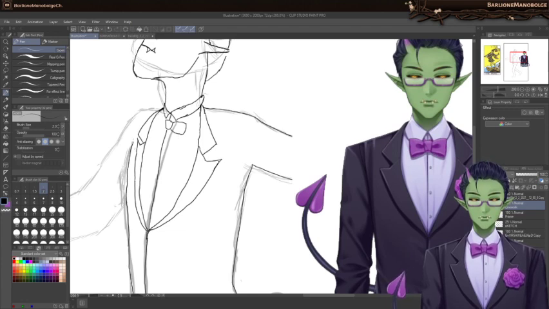Bow ties are difficult. I don't know. Oh, this looks so good on mine. Oh. Too low as well. Alright, well. Time to do that all over again.